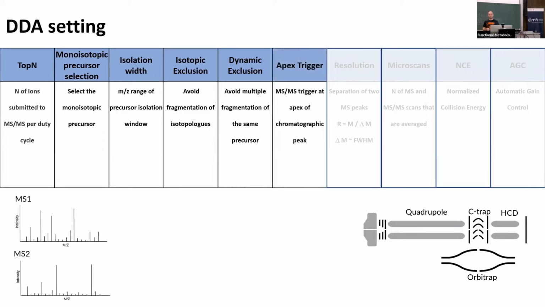Okay, then apex trigger. So this is exactly what I just showed here. If you have a chromatographic peak, you want the MS event ideally to be triggered at the top. But what happens if this is a really big peak? Typically it's triggered as soon as the level comes up to a certain value, right? So then you get an MS here.